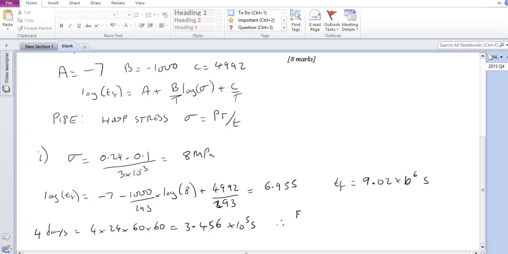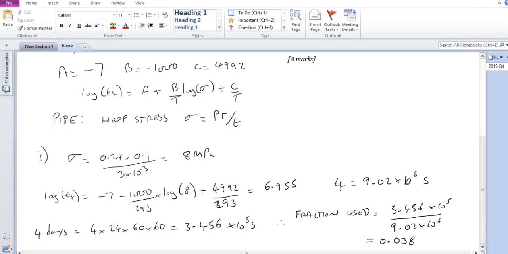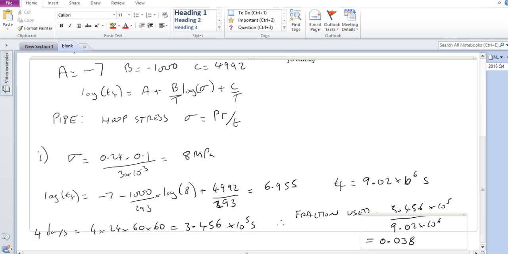So therefore the fraction of the lifetime used is the time, 3.456 times 10 to the 5, divided by the lifetime under that condition, which is 9.02 times 10 to the 6, and that comes to equal 0.038. So basically that first exposure condition uses up just under 4% of the lifetime.